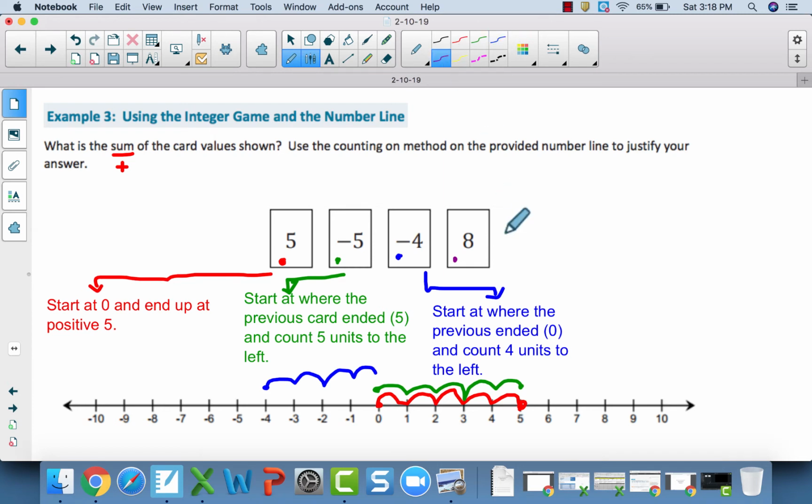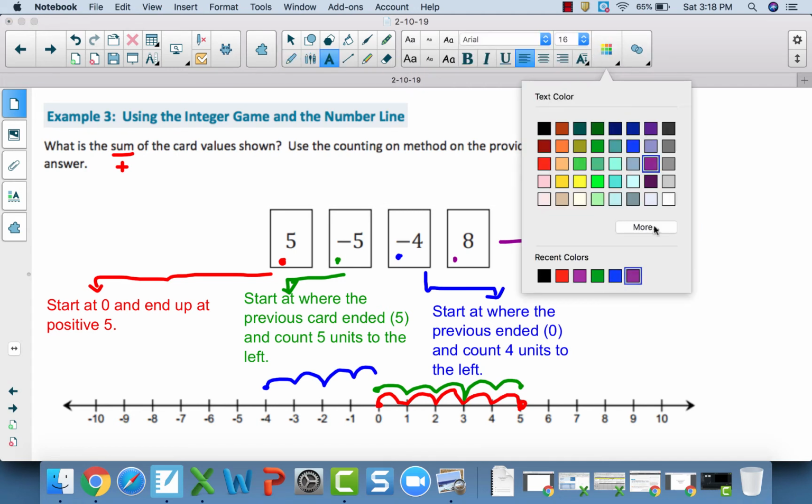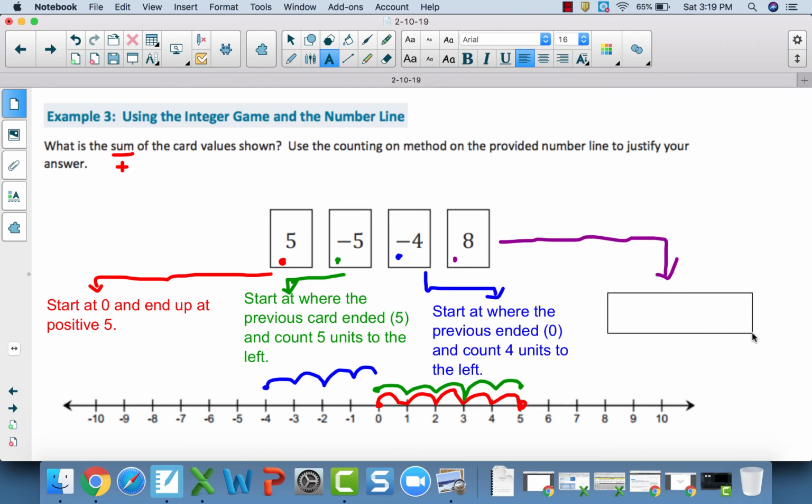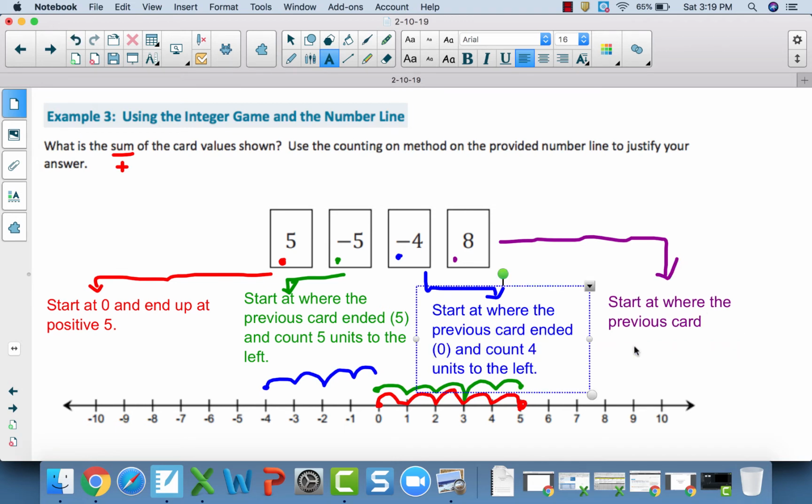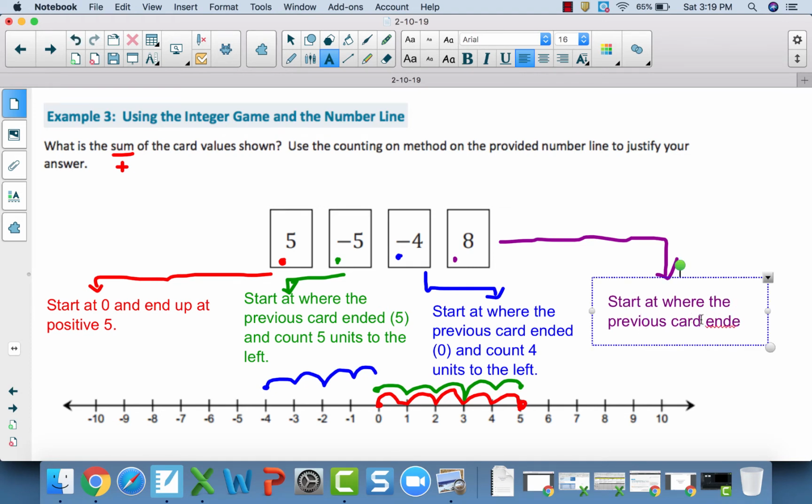And now let's finish with this last card, which I'll write over here. And I'll make sure it's in purple so you guys can match here. I'm going to once again start at where the previous card ended, which seemed to have been -4, and count 8 units to the right.